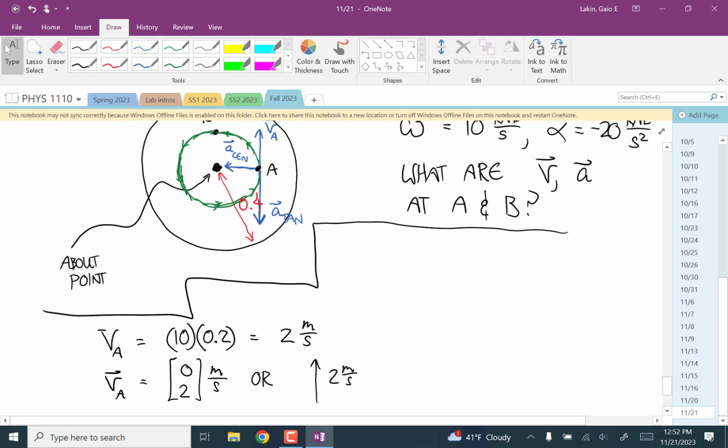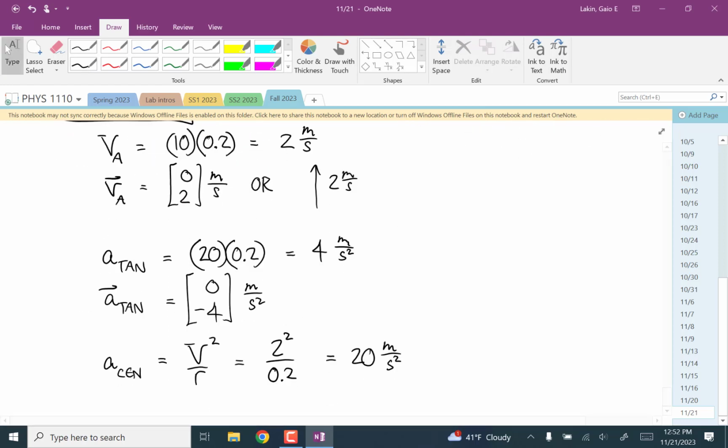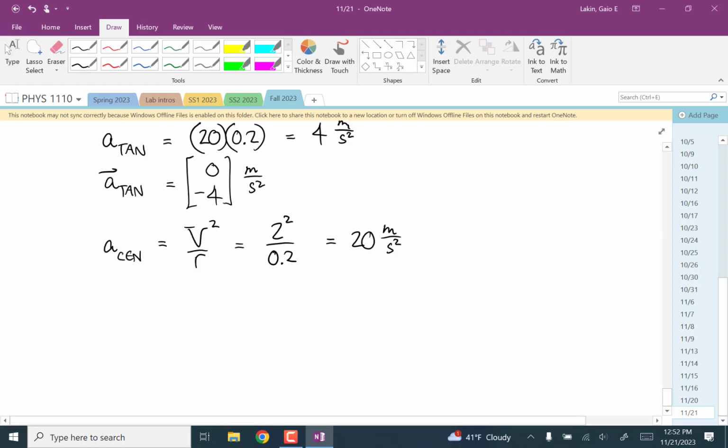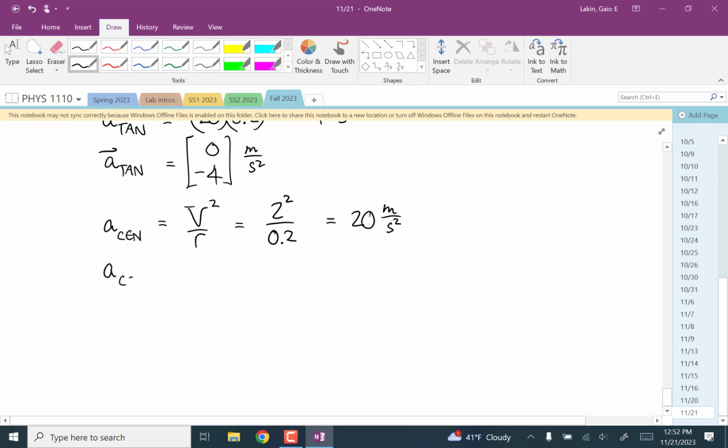We've already figured out intuitively that that points in the negative x direction. So the centripetal acceleration vector is -20, 0 meters per second squared.